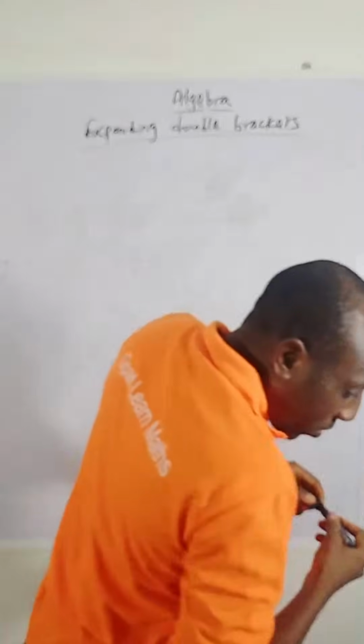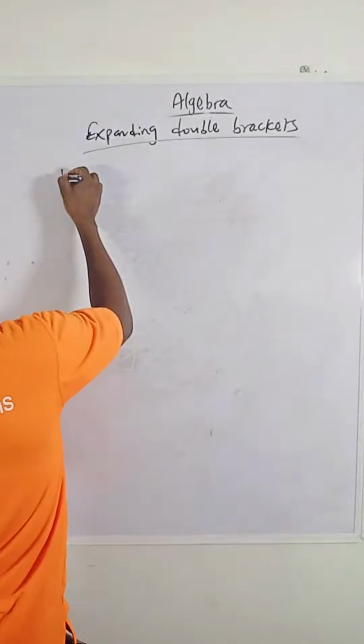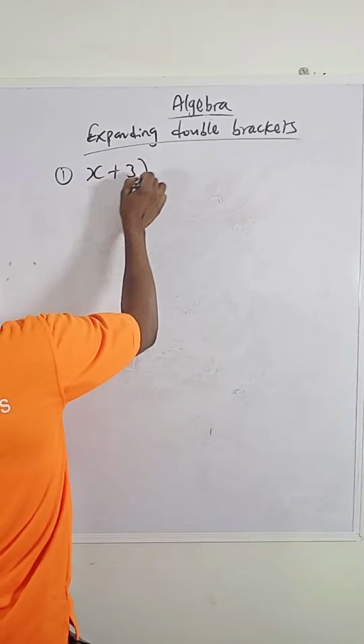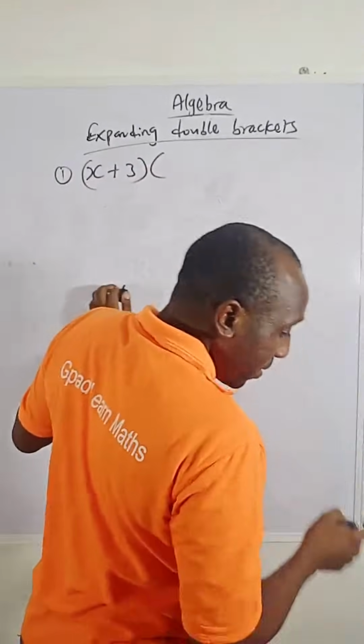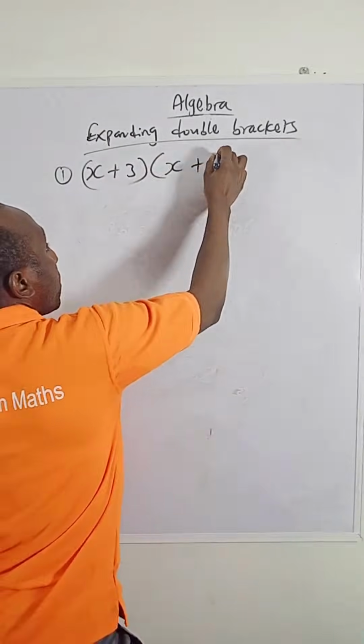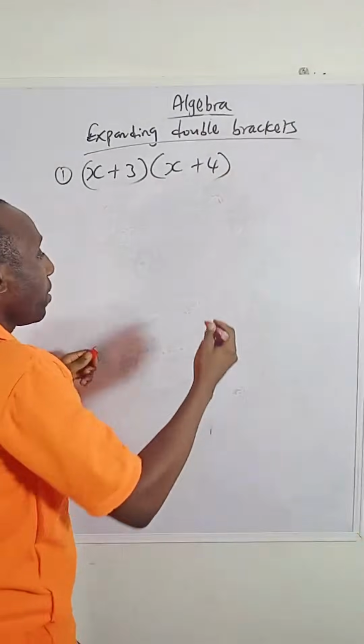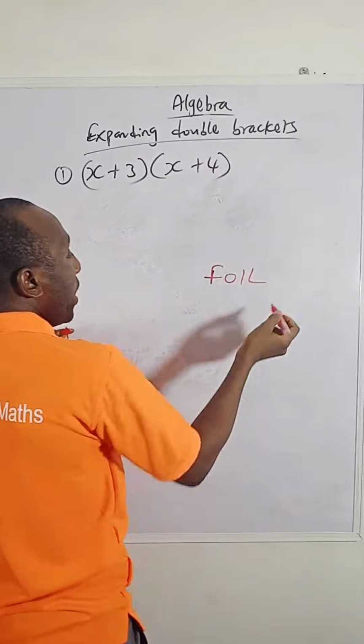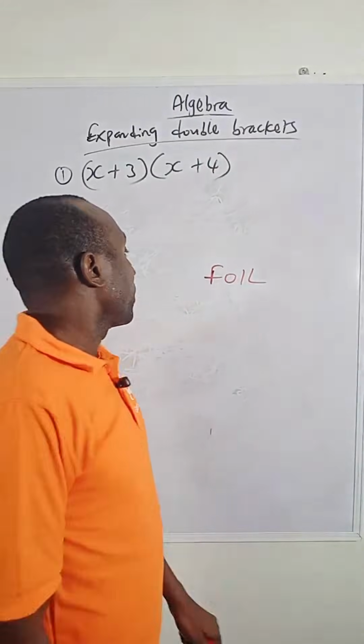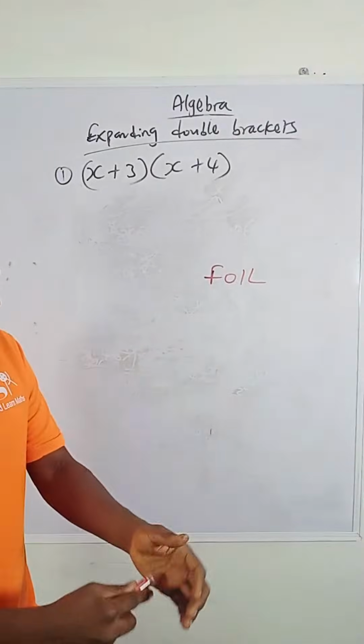So let's go with the first one here. We have number one. I'm going to wait for maybe 1 or 2 minutes for you to try this one first. Or maybe I should do this first. There's something called the FOIL method. How many of you know what this is?